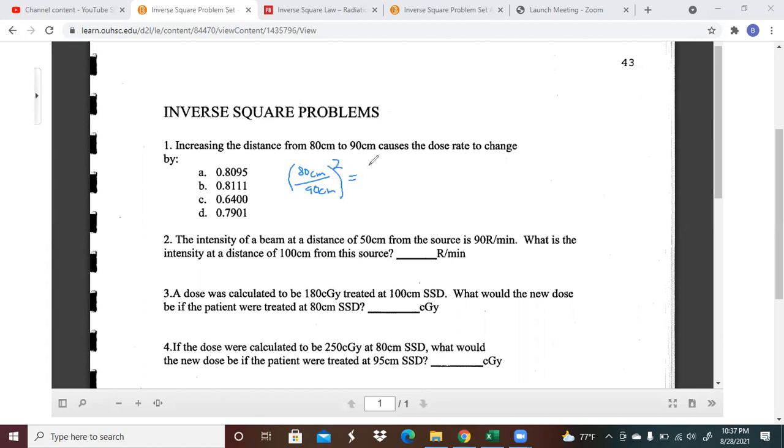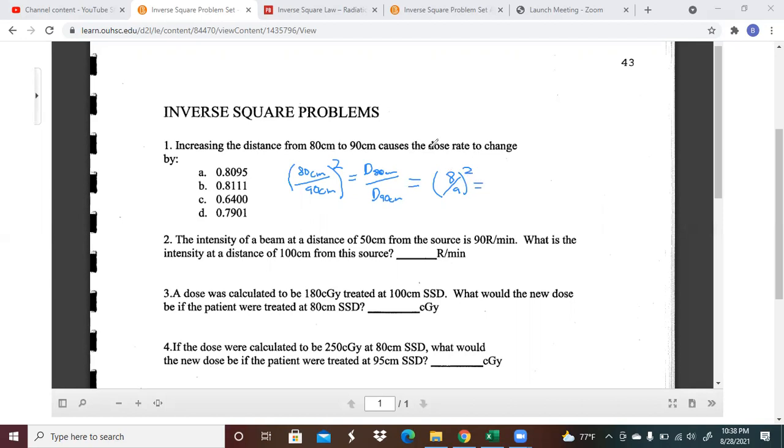So in other words, you've got a dose rate that is here at 80 cm, and then you've got another one here that's running at 90 cm. So this is how this is going to change. This is basically the same thing as saying 8/9 squared.